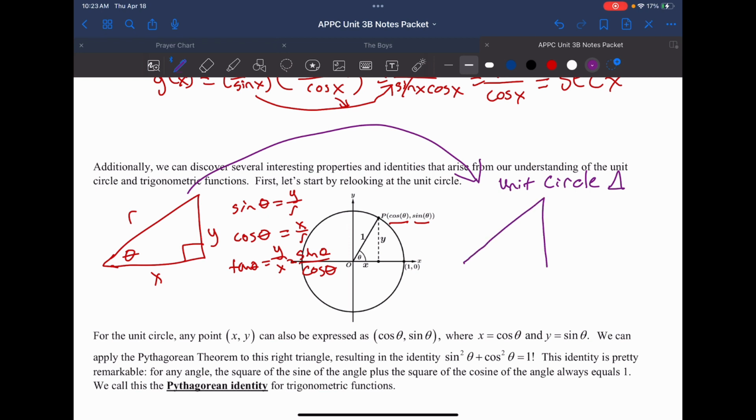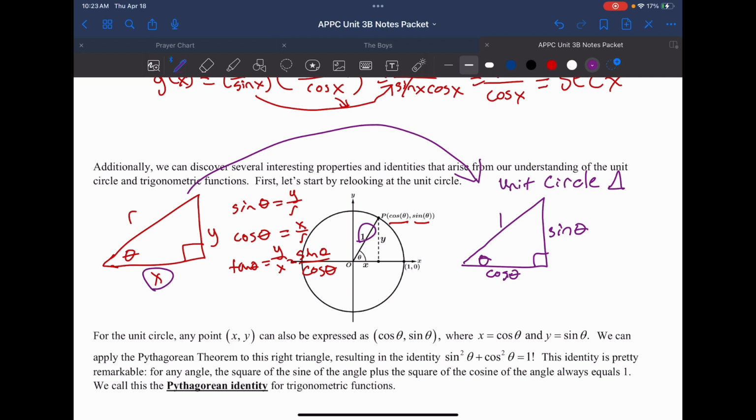So our x value here, we know x is cosine of theta, y is sine of theta, and on my unit circle, the radius is 1. Well, let's use the Pythagorean theorem to get an identity to work with.